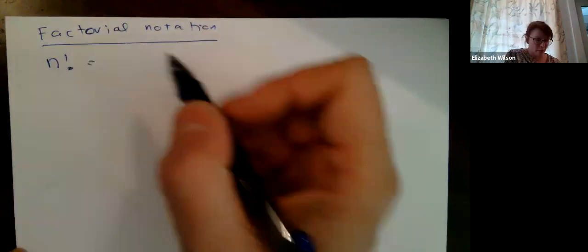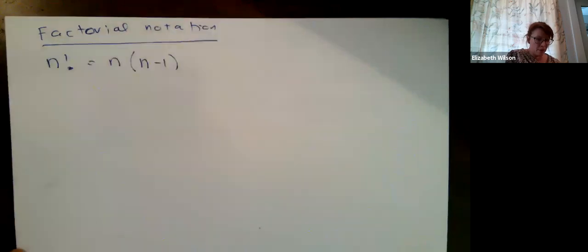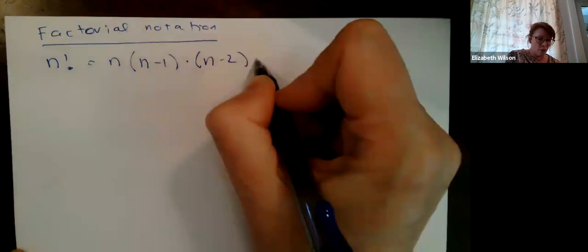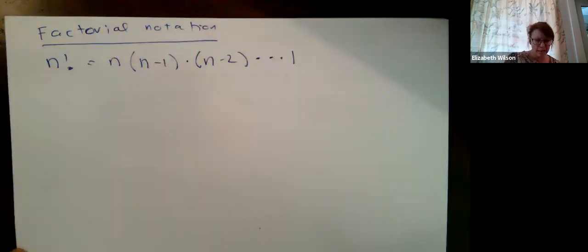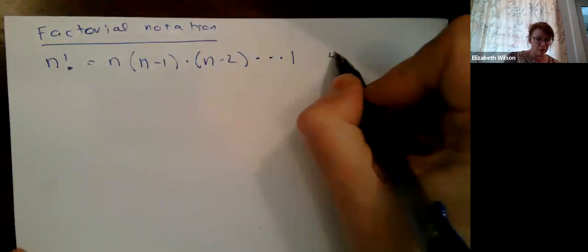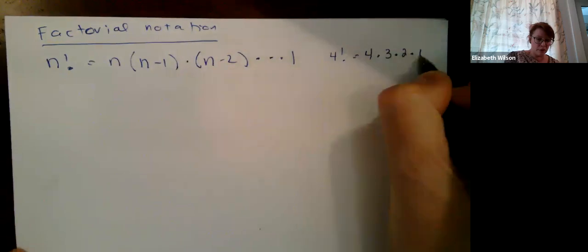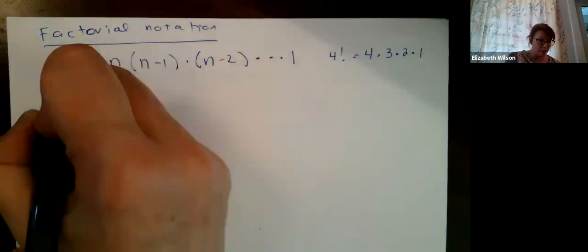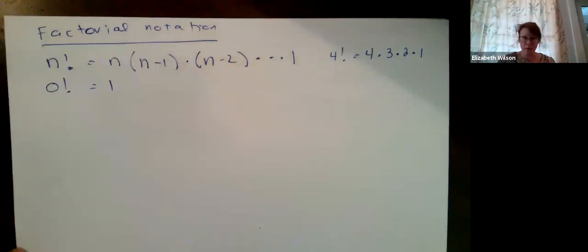I take my n and I multiply it by n minus 1, then n minus 2, and so on and so forth until I get down to the number 1. So if I'm looking at something like 4 factorial, this is going to be 4 times 3 times 2 times 1. We also define 0 factorial as being equal to 1. It's a mathematical definition, we're defining that.